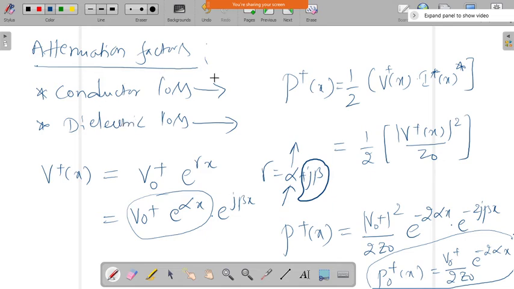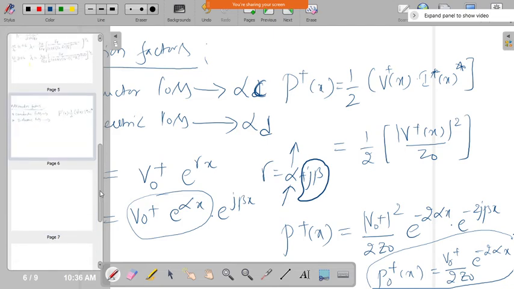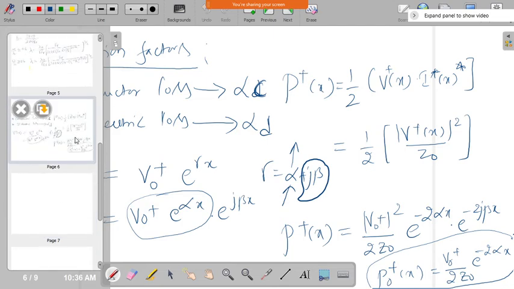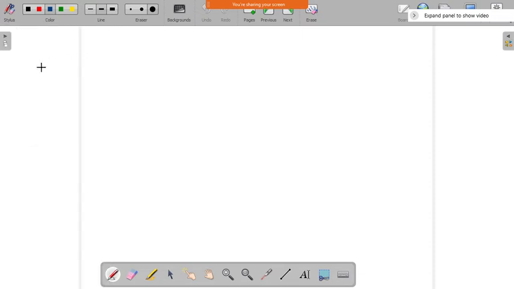The conductor loss we can represent as alpha C, and the dielectric loss as alpha D. There are expressions for the conductor loss and dielectric loss, which we can use to find the corresponding attenuations. So what is the expression for dielectric loss?